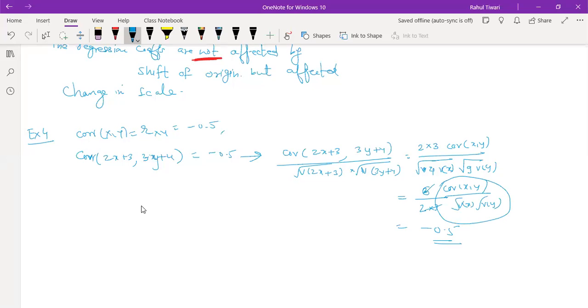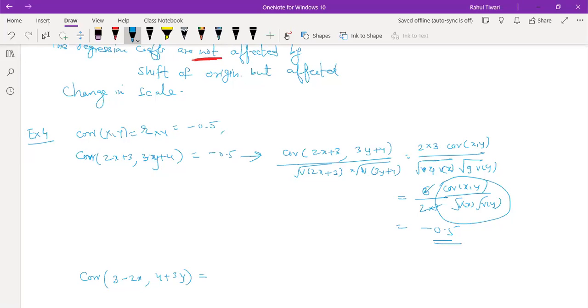But what could be the correlation between 3 minus 2x and 4 minus 3y? What could be this one? Or simply if I say plus this one, then what could it be? So you have to think logically.